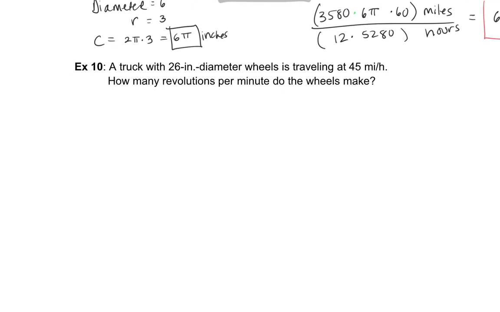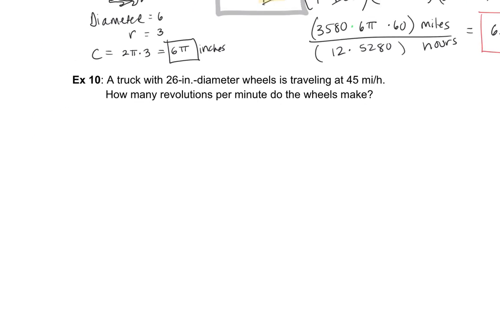Okay, a truck with 26-inch diameter wheels is traveling at 45 miles per hour. Okay, I'm going to take what's given to me and write it down. 45 miles per hour. Okay, so I'm going to write that miles per hour with miles in the numerator, hours in the denominator.